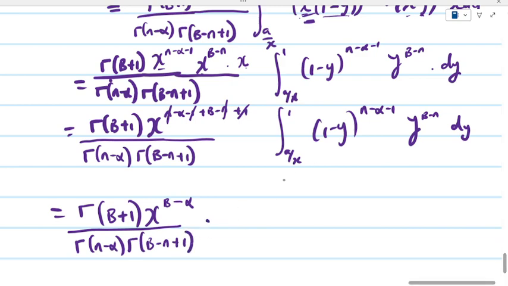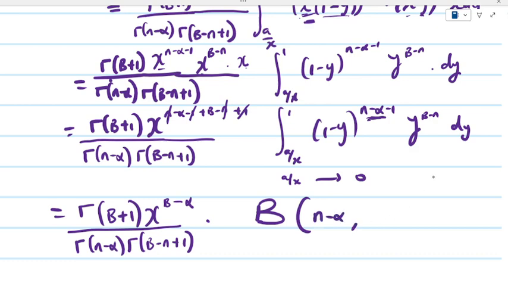So if we extend this limit from 1 over x to 0, we can now introduce our beta function and compare and contrast. We see that we have our beta to be what we have: beta of n minus alpha, comma b minus n plus 1.